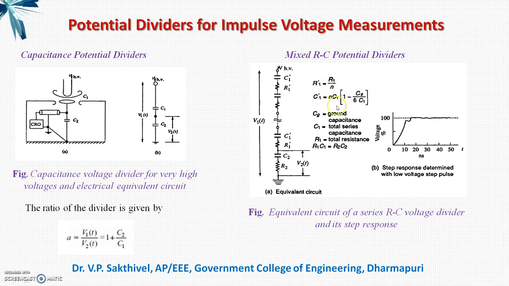Similarly, the capacitances are connected in parallel, so C1 dash equals N C1. High voltage V1 of t is applied across this, then the portion of the voltage V2 of t is tapped out. This divider can be used up to 5 megavolts with a response time of less than 30 nanoseconds. Okay, this arrangement can be used to measure up to 5 MV.